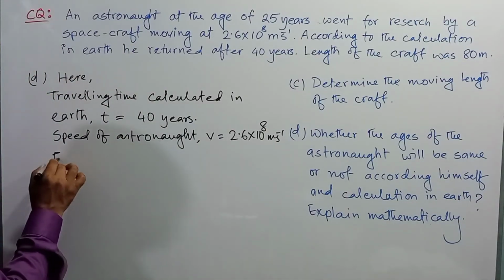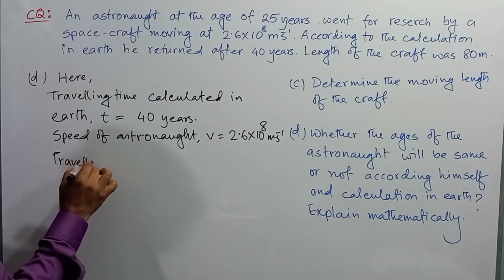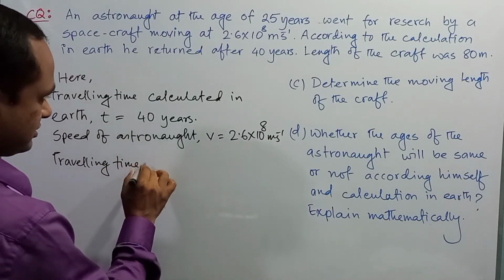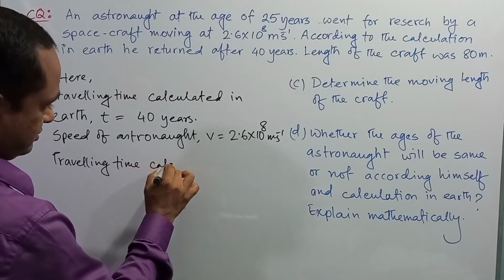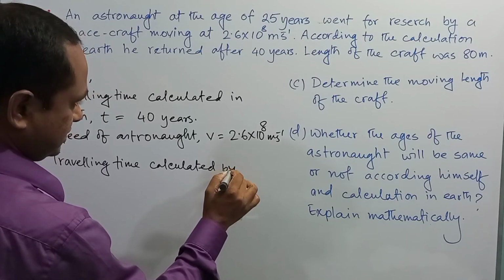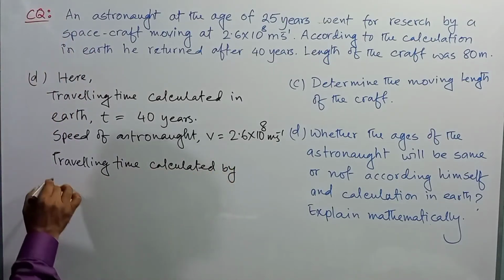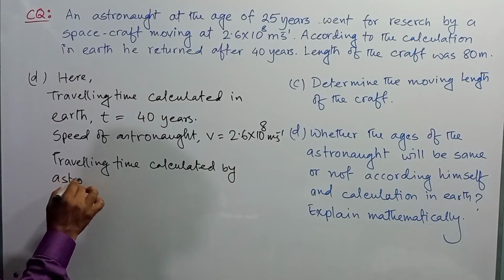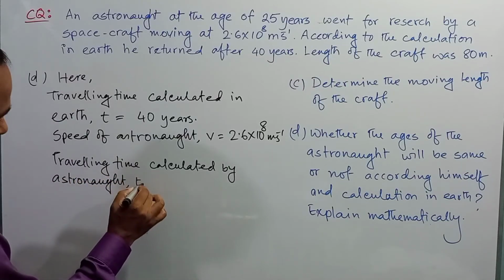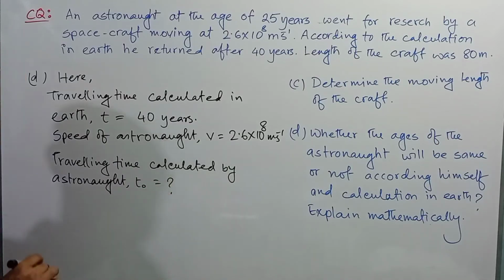So the traveling time calculated by the astronaut, T naught, is equal to what?